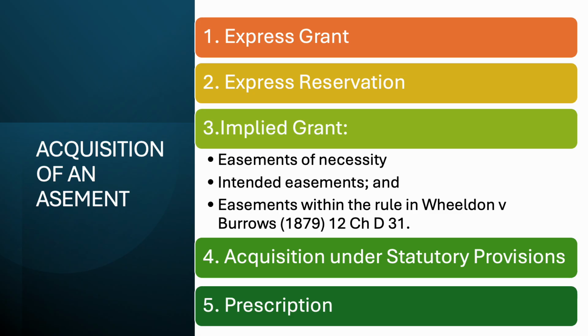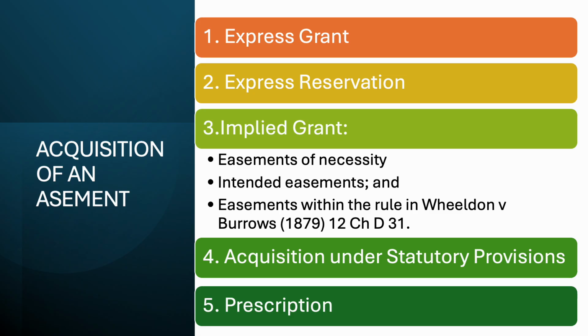He could only do so indirectly by getting the purchaser to re-grant the easement back to him. But now statute has made that re-grant unnecessary. So we have Section 69 of Barbados, Section 65(1) of the UK Property Act, that now provides that a reservation can be operated by law without any need for a re-grant.